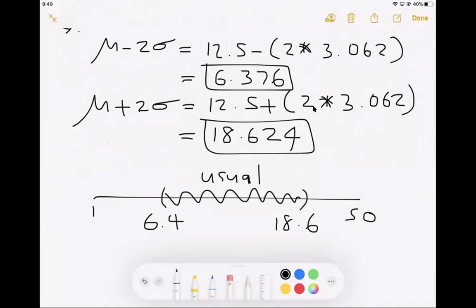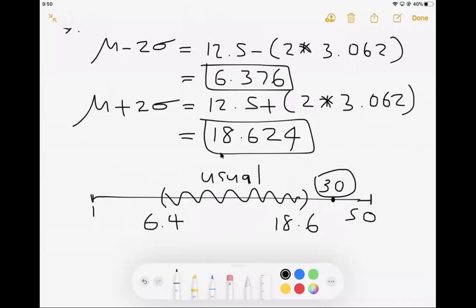That means it should be 30 correct out of 50. So this is 50, this is 1. So this is the usual range. You can guess like 15 correct answers, but it's really difficult, really unlikely, to guess 30 correct answers. If you can guess 30 correct answers, you can pass.